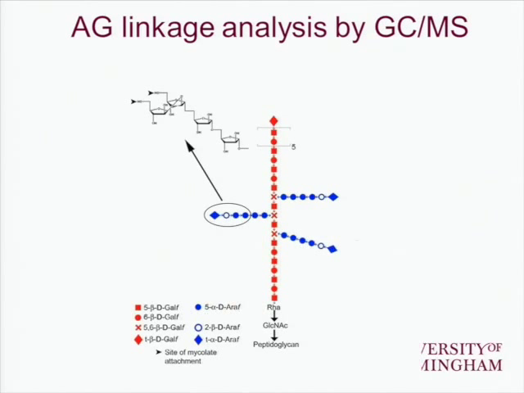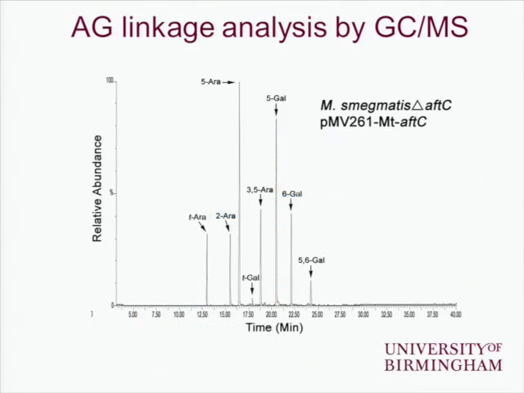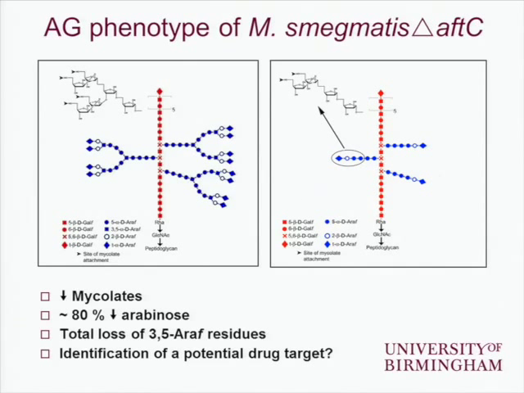So what this suggests to us is that what we actually have now is this truncated cell wall structure. So we've gone from this architecture in the wild type to this now in the mutant.